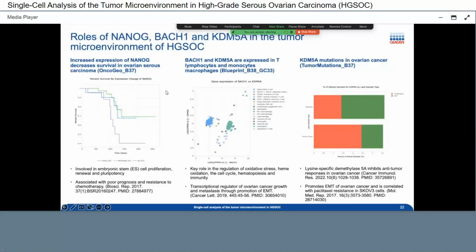So I explained that Omicsoft has curated and normalized thousands of samples, made comparison expression data sets, and they are gathered in structures that we call OncoLand, DiseaseLand, and many others. These OncoGEO, Blueprint, and tumor mutations are some of the lands that we have in that Omicsoft.